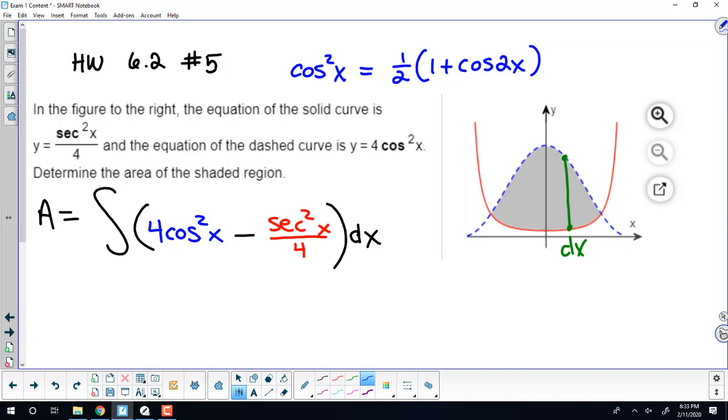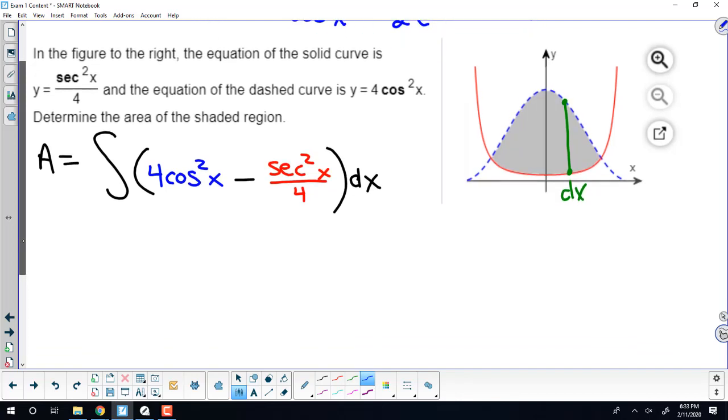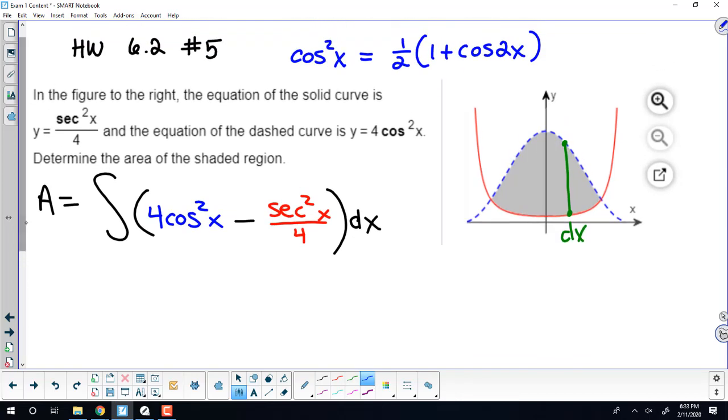Or do we need to do something fancy there? Yeah, derivative of tangent is secant squared, antiderivative of secant squared is tangent. Okay. So those shouldn't be terribly difficult to find the antiderivative of. It's kind of tedious, I guess.